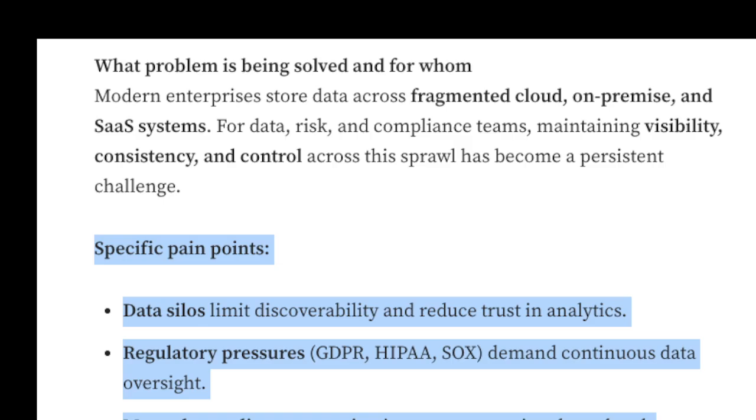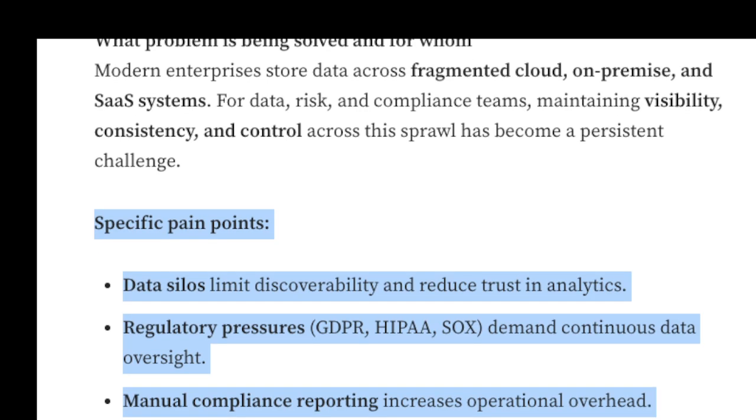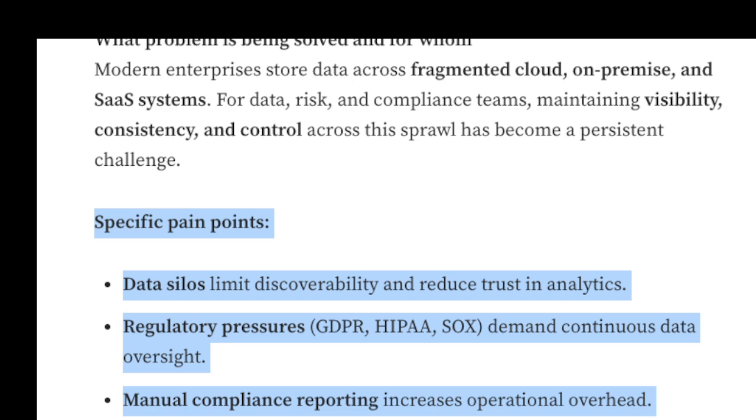We have to ensure the data is not compromised or classified wrongly, which might expose it and cause a security or reputational risk. That's the fourth point we see here. On the whole, if we summarize, the major pain point for the user was data theft or data security. They need to ensure the data is not compromised at any cost.